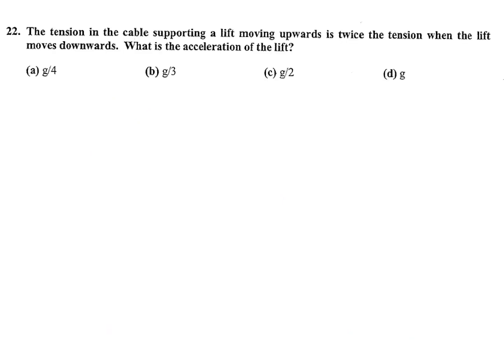The tension in the cable supporting a lift moving upwards is twice the tension when the lift moves downwards. What is the acceleration of the lift? This is lift. First case it's moving upward, second case it's moving downward.